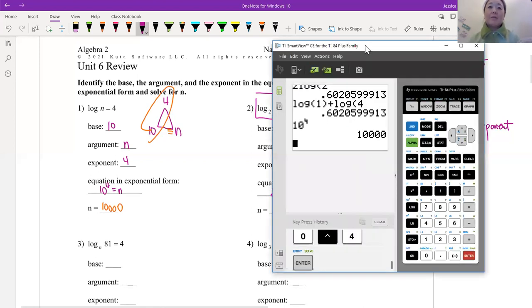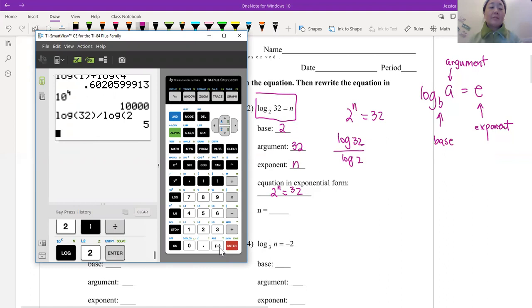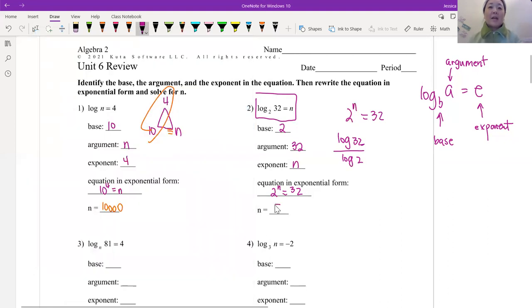So log of 32, divide that by log of 2, just like that. 5, yay, happy days, right? Okay, I suppose you could have just figured that out just by looking at 2 to what power will give you 32? 5. Duh. But if you didn't know that, this is what you would do.